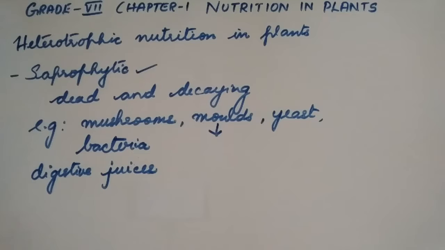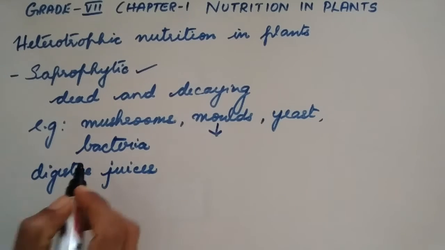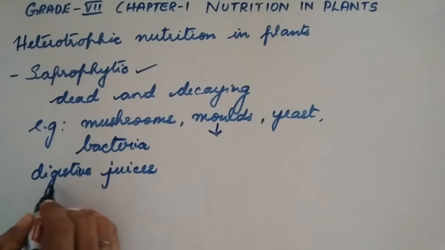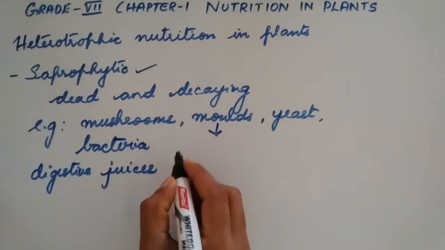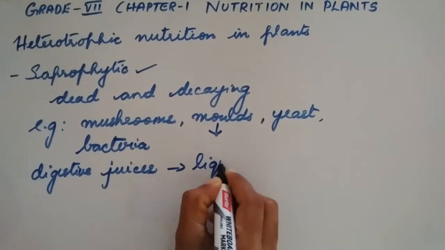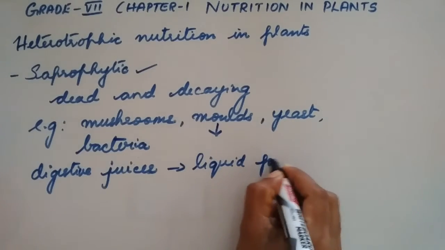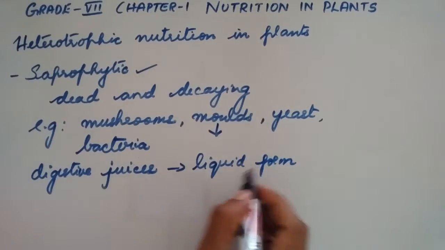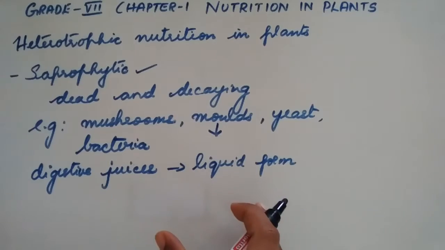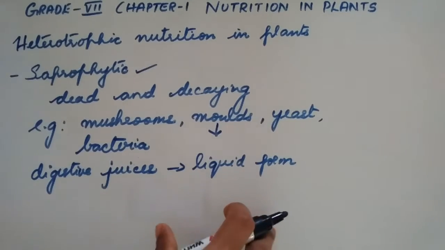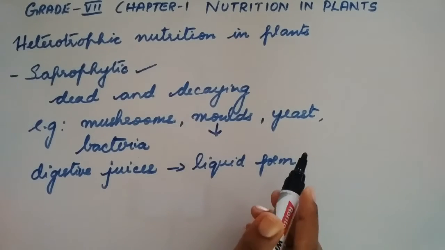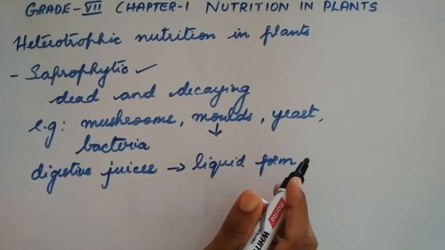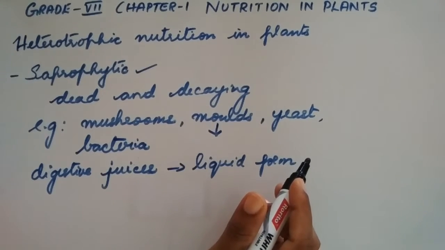And then these digestive juices act on that dead matter and convert it into liquid form. And then these saprophytes absorb this liquid and get nutrients from it. So this mode of nutrition is called the saprophytic mode of nutrition. Is it clear, students? Yes.